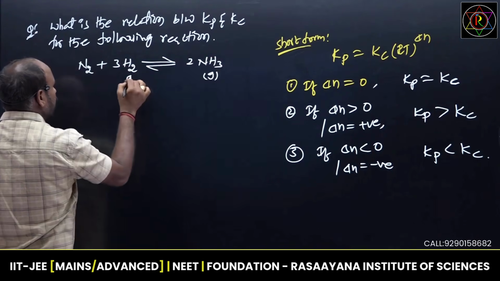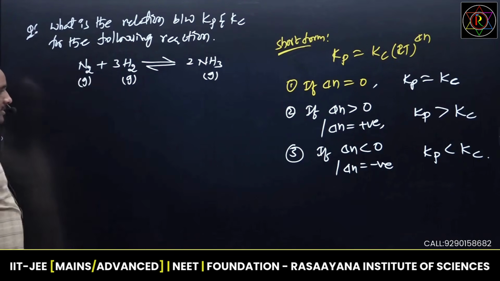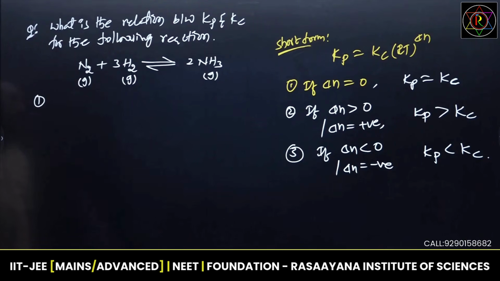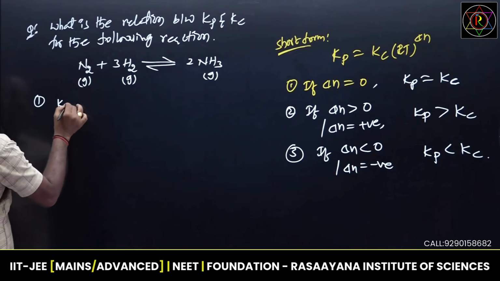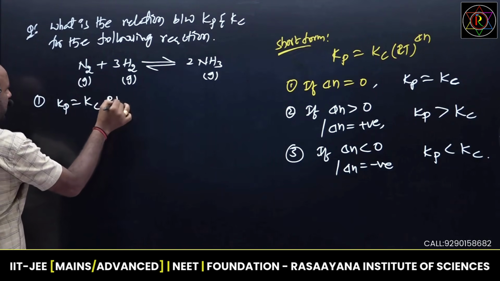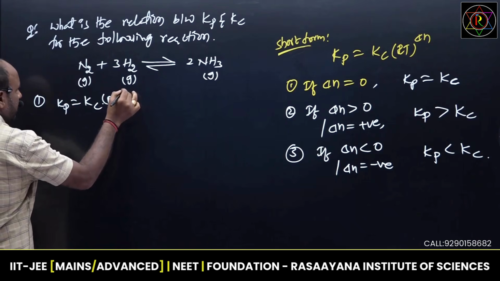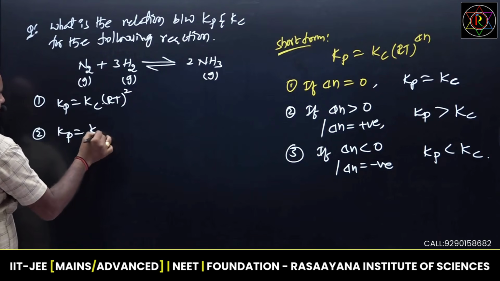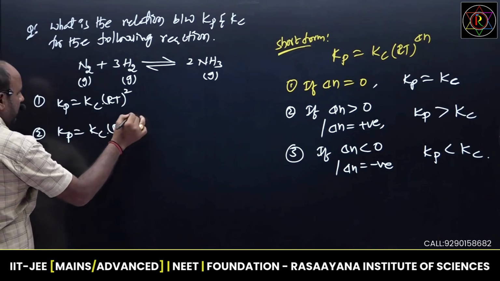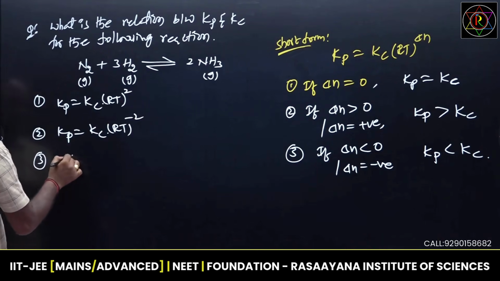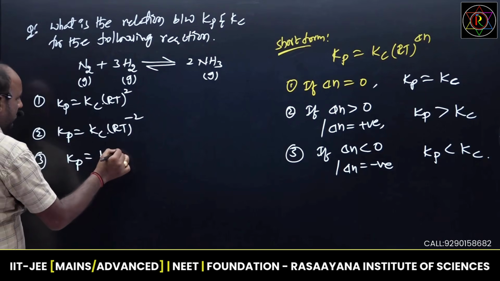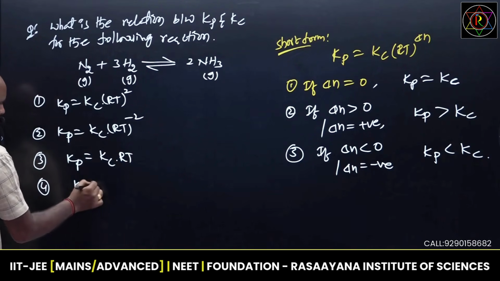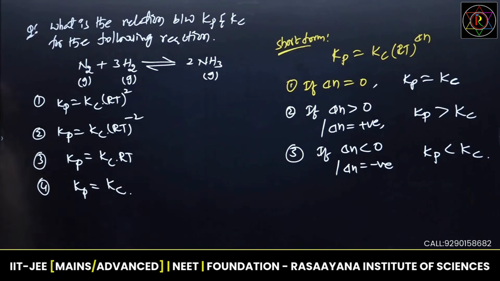This one is gas, hydrogen is gas, and nitrogen also gas. Right? So the options: the first one, Kp is equal to Kc into RT power 2. Right. Second one, Kp is equal to Kc into RT power minus 2. Third one, Kp is equal to Kc into RT. Then fourth one, Kp is equal to Kc. Which one is correct? Right?